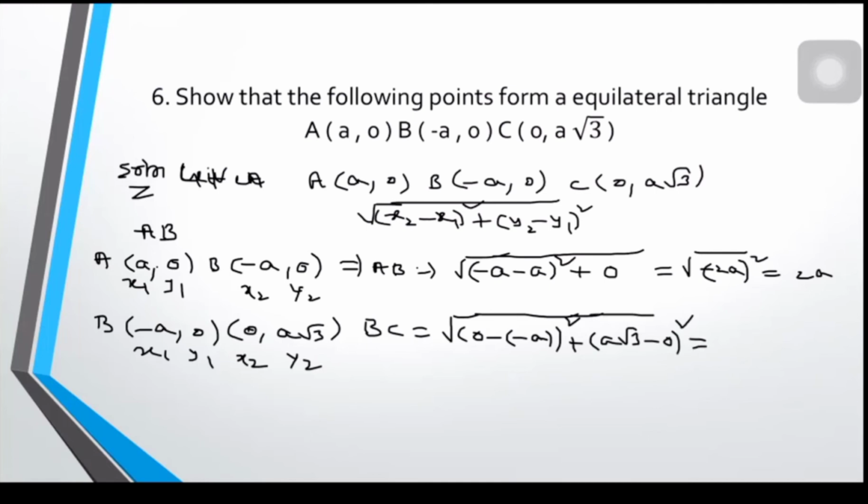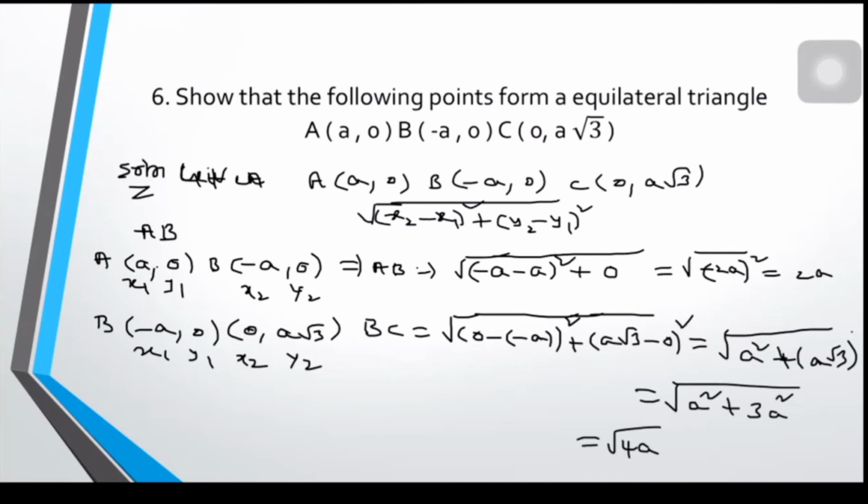So root of A square plus (A root 3) whole square, which is 3A square, equal to root of 4A square. It can be written as 2A. Now AC.